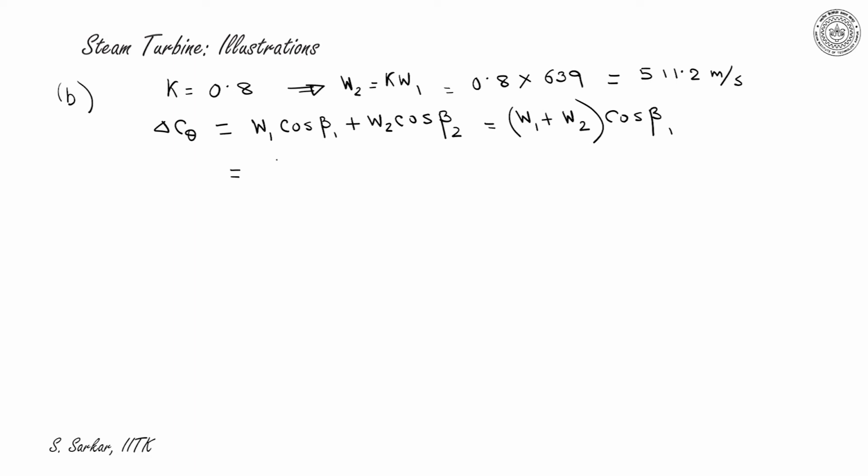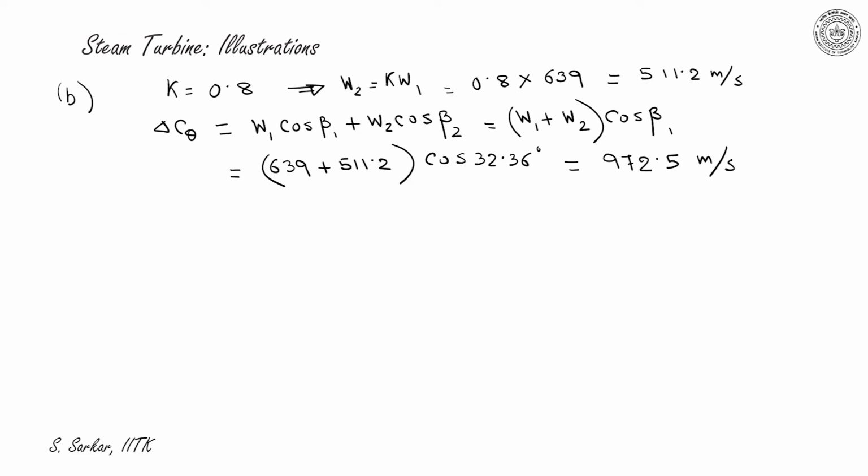So 639 plus 511.2 into cos of 32.36 degree. If you do the calculation, you will get 972.5 meter per second. Thus, I have evaluated del C theta considering friction.